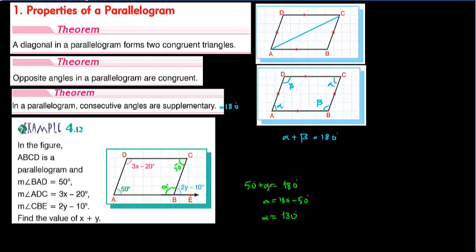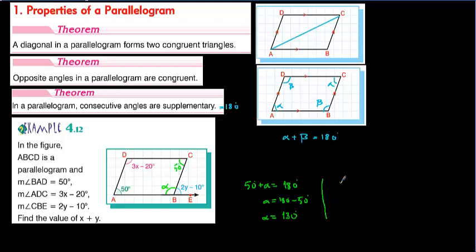With respect to this, I can find x and y, because alpha plus 2y minus 10 are supplementary angles. Alpha is also equal to its opposite angle, which is 3x minus 20. Opposite angles are equal to each other, as we showed before with this theorem.